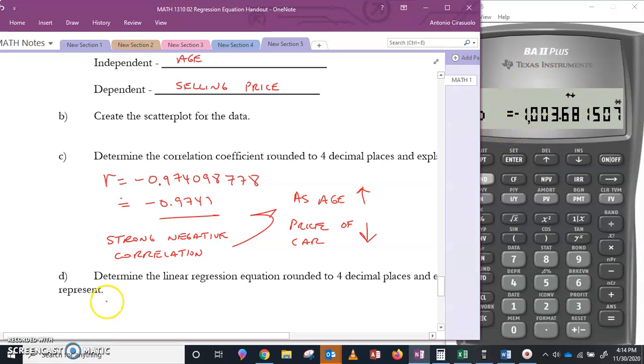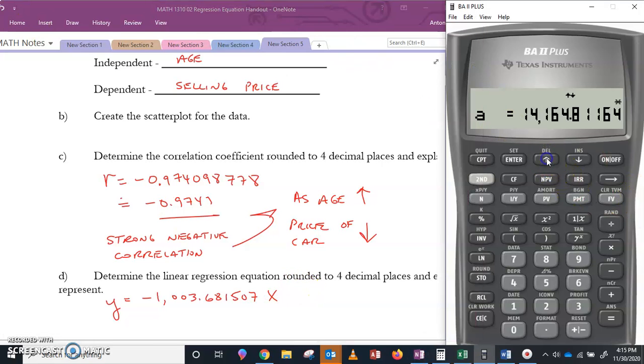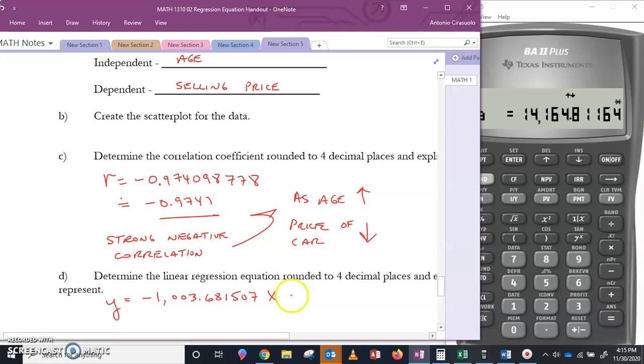So the equation then in this case is y is equal to negative 1003.681507x plus A. Okay, your slope and y-intercept.